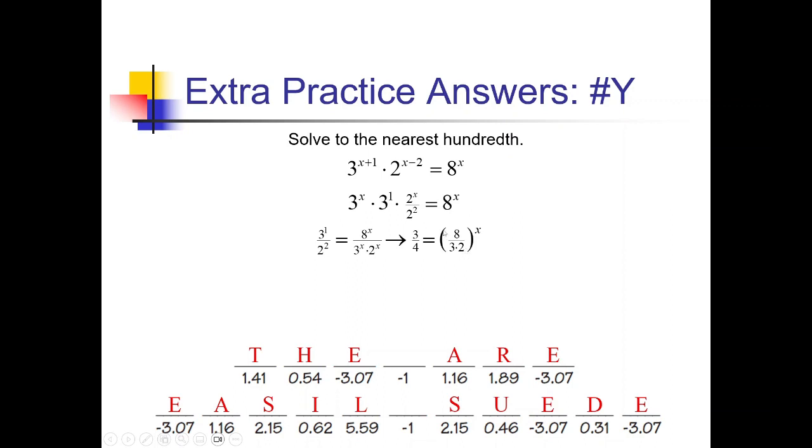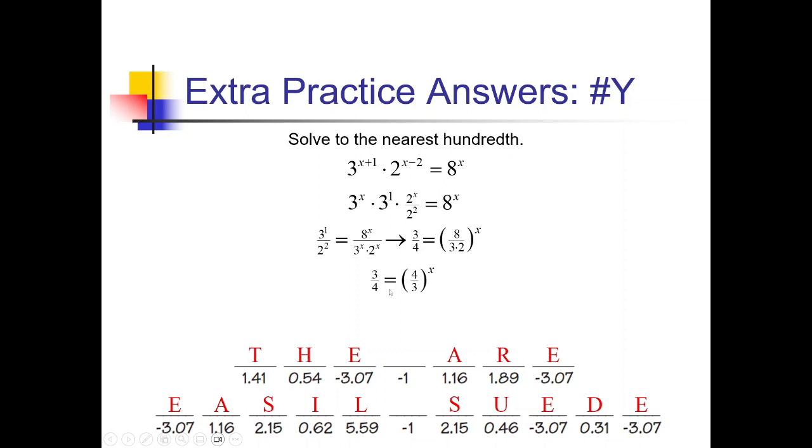And you can double check, but if you have all of this to the x, you can apply that x to each of those individually. All right, so this 8 over 3 times 2, that's really 8 over 6, which I'm not going to write. That's just kind of a simple step. But 8 over 6, here's the interesting thing, that can be reduced to 4 over 3.